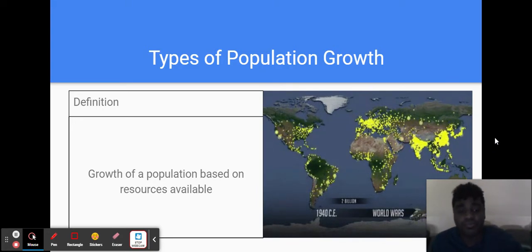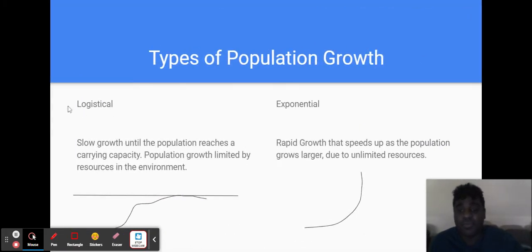All right. So first up, we have logistic growth. This is where most organisms fall. Logistic growth is a very slow growth that has these ebbs and flows, and it's based on limited resources. So there's not an endless supply of food. There's not an endless supply of space for you to take over.